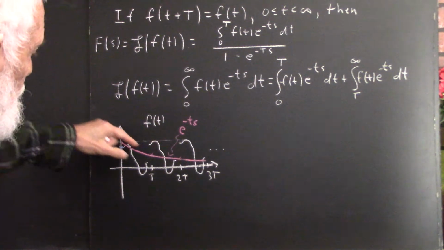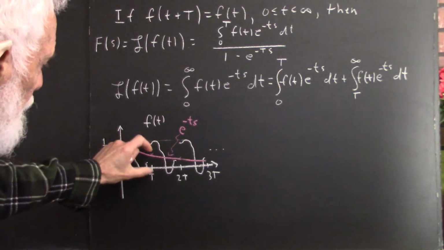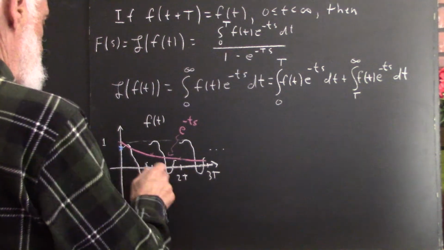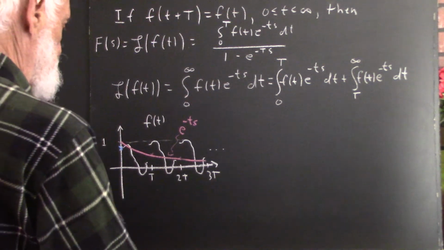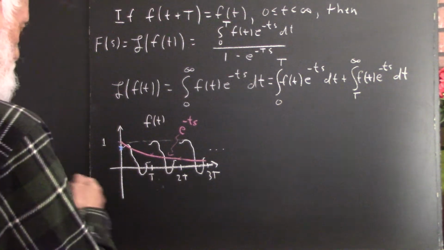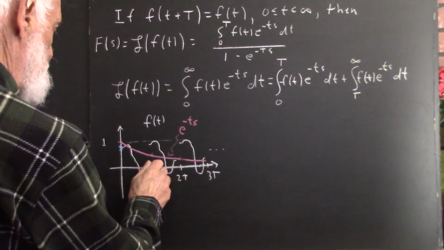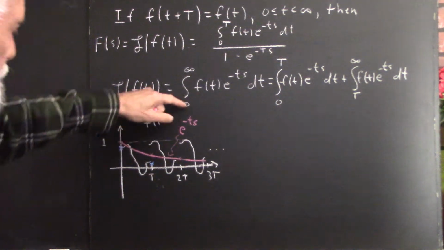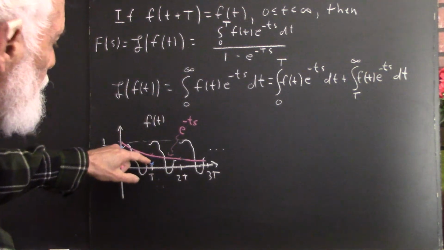Now by the time we get out here, this has fallen maybe to half its value. So by the time I'm out here, when we multiply f of t by e to the negative ts, it's only going to have half the y value.